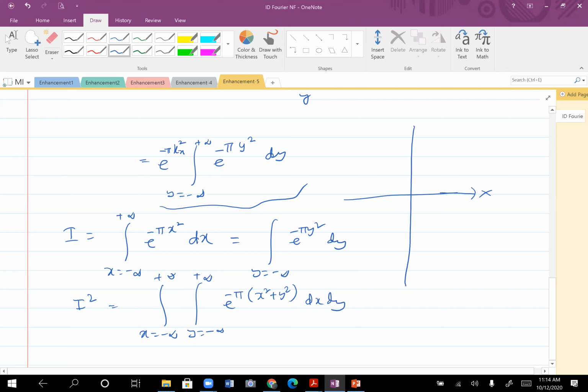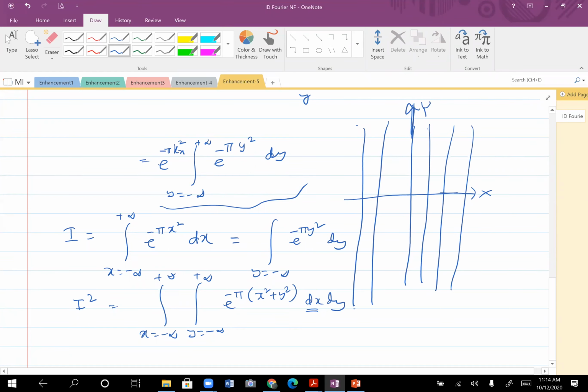Now look at how it is there. Suppose you take a particular value of x, then this whole thing you are going through, minus infinity to plus infinity of y values. So you need to cover the whole space, right? That's what you are doing.